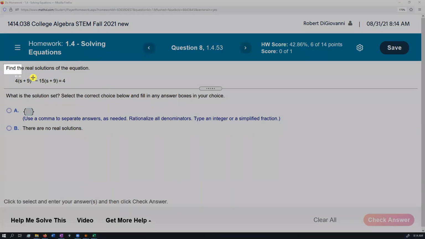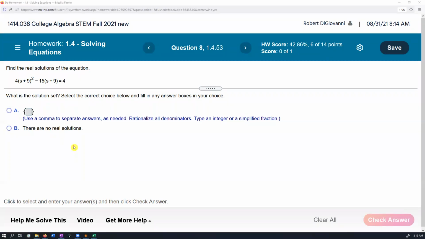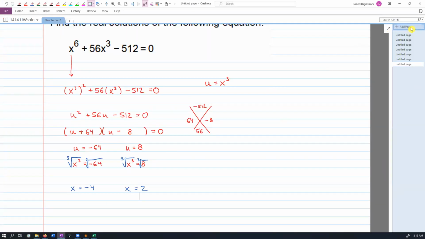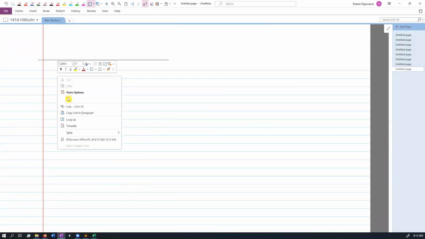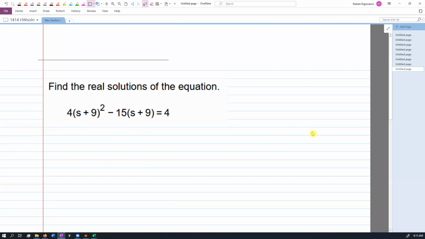So for this one, again, we have something that looks quadratic. We don't have 0 on the right-hand side, so the first thing I'd want to do is move that 4 over. s plus 9 squared minus 15 times s plus 9 minus 4 equals 0.